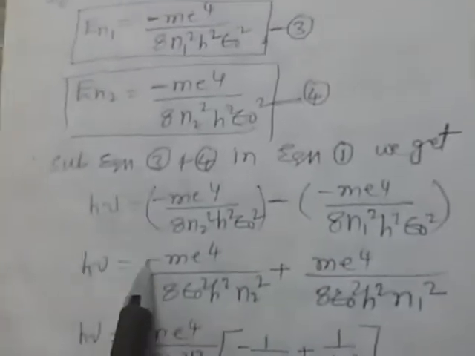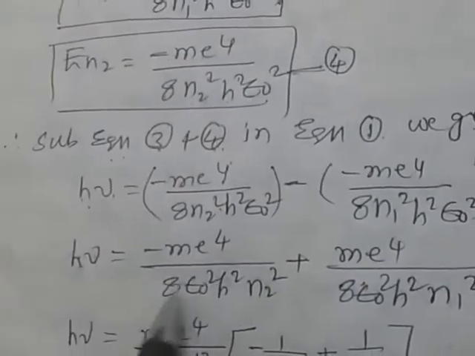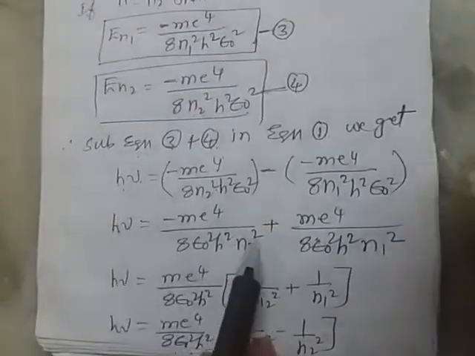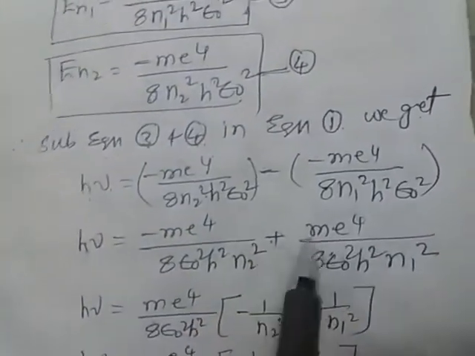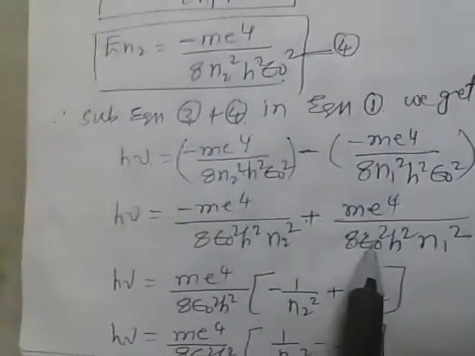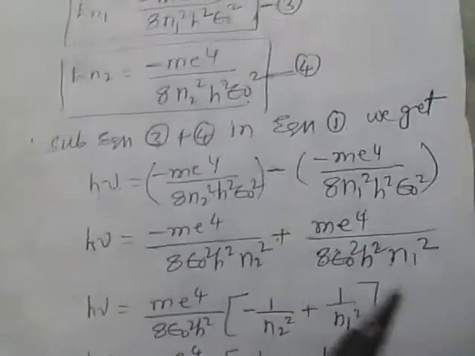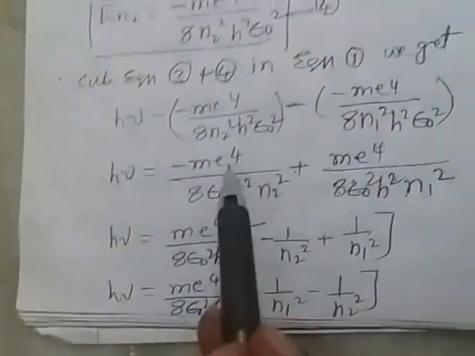So here it is minus m e to the power of 4 by 8 epsilon naught square h square n2 square, minus into minus gives plus m e to the power of 4 by 8 epsilon naught square h square n1 square. So in this condition, which is the common term?